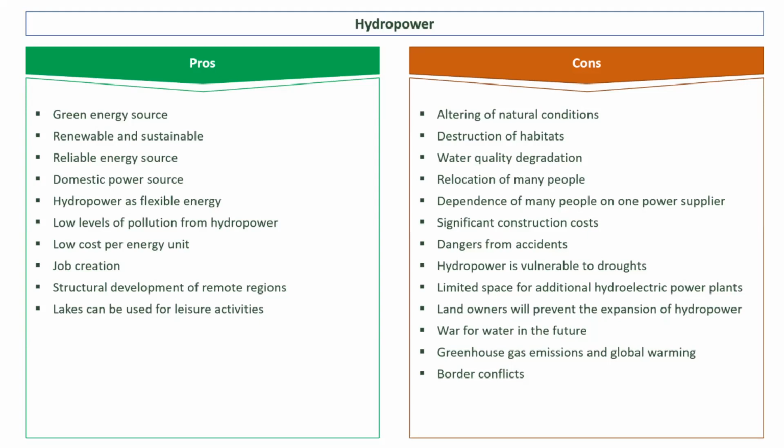It's relatively cheap and it will provide jobs for that area. And in addition to providing energy, the dams themselves can sometimes provide water for drinking. In some cases, it may just create a body of water that can be used for recreation.